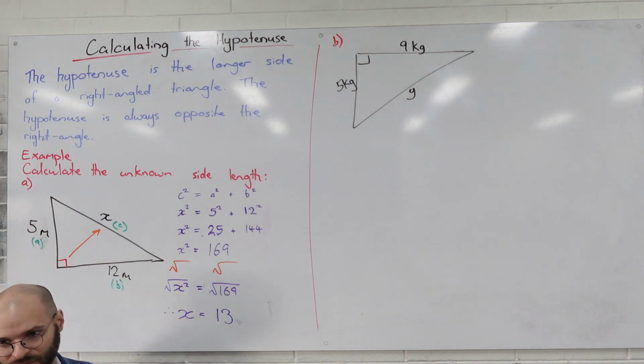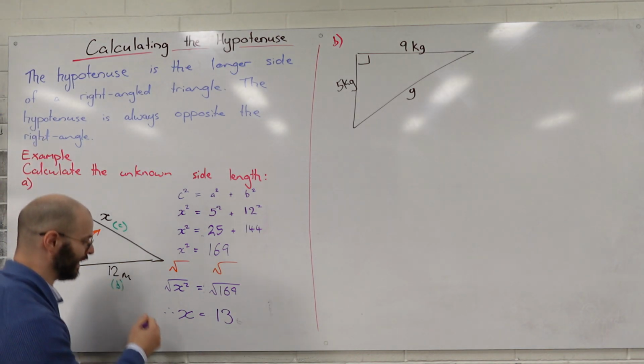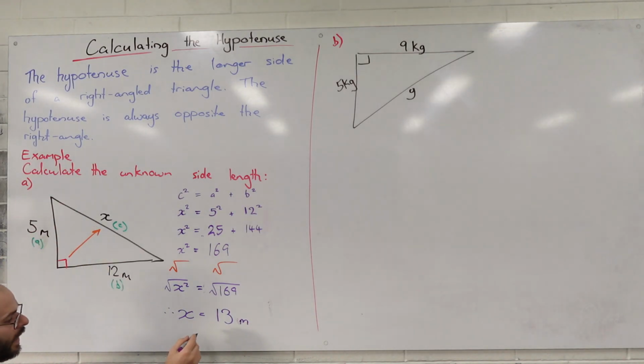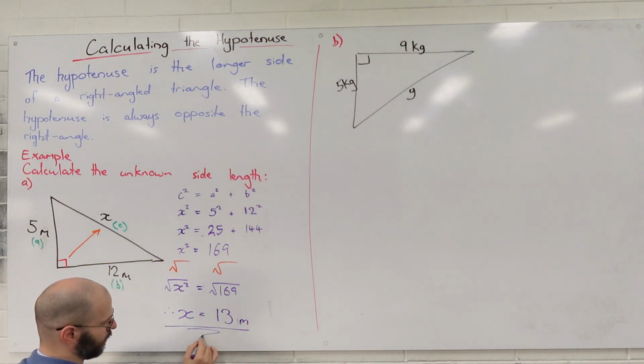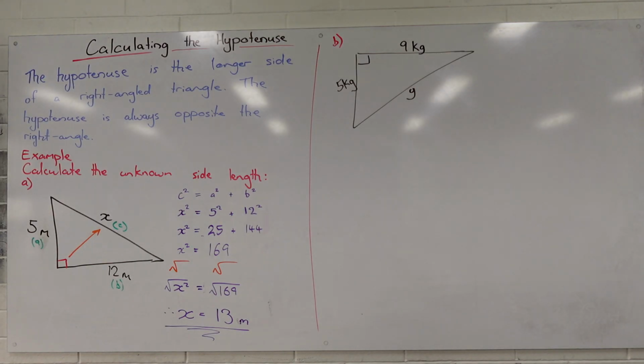So we get x equals 13. So how long is our hypotenuse in this one? 13 meters. We always write the units when we have units. If we don't have units, we write the word units. That makes sense.